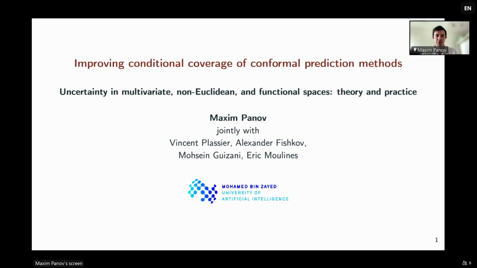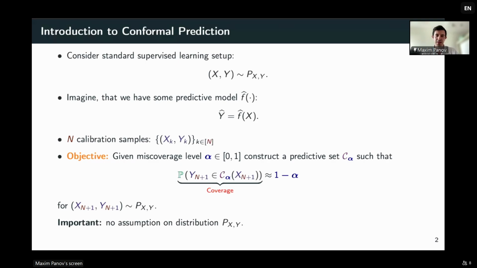And also, I think my talk will give a nice connection between the topic of this workshop and the topic of the next workshop, which will be on calibration. So basically, I will be talking about conformal prediction. I'm sure that probably the majority of people in the audience know what conformal prediction is, but I will give a brief introduction so that we are sure that we are on the same page.